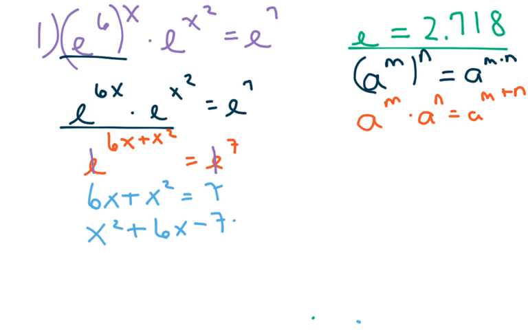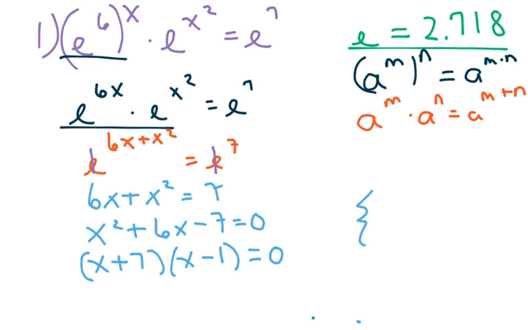So minus 7 equals 0. Then you factor, and you get x plus 7 times x minus 1 equals 0. So our solution set is negative 7 and 1. And that's as simple as it gets.